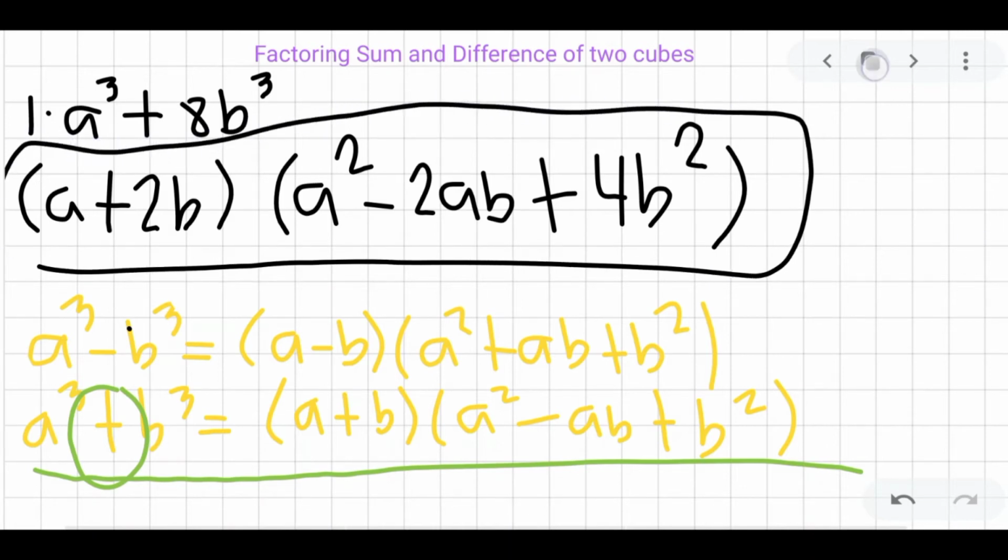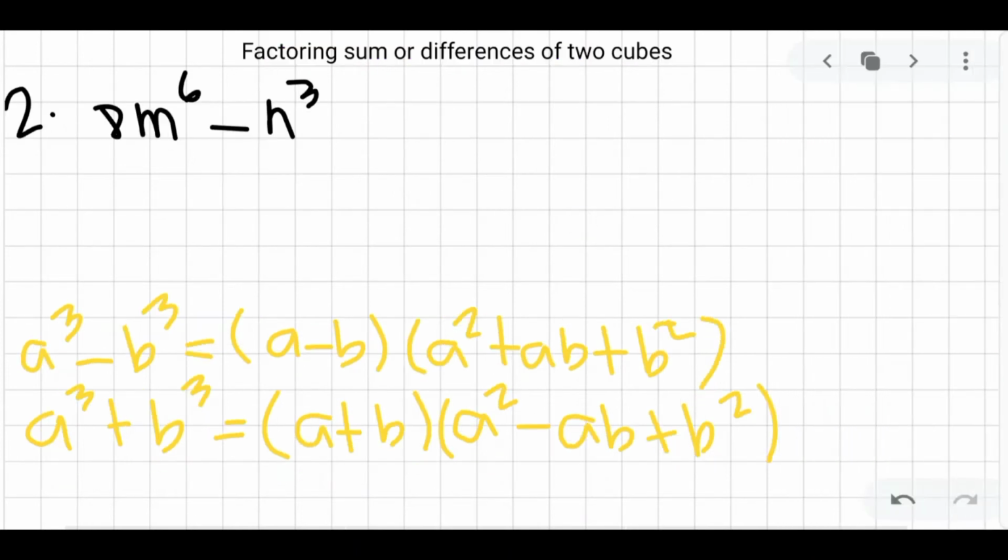For our second example, we have 8m raised to 6 minus n raised to 3. So let's check first if we can use sum or difference of two cubes in this equation. First, it must contain two terms. We have 8m raised to 6, that is our first term.